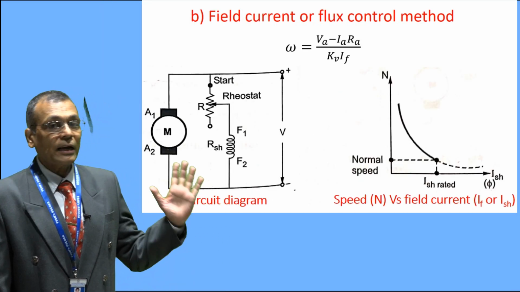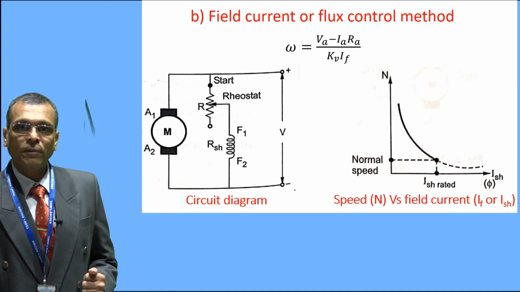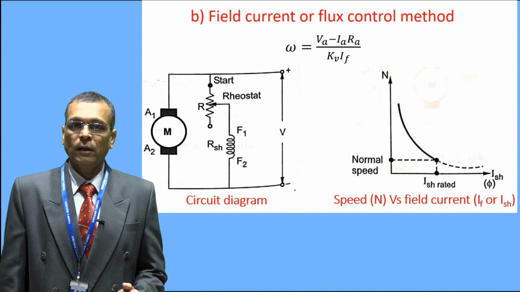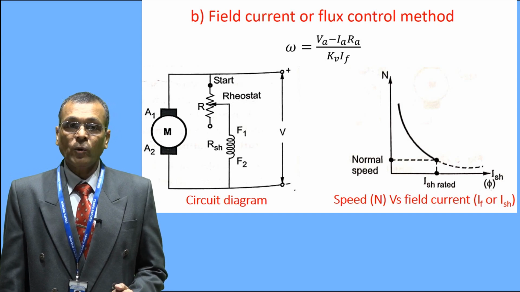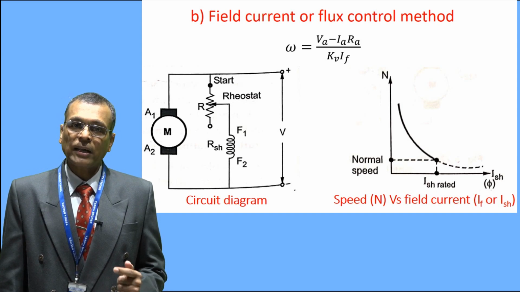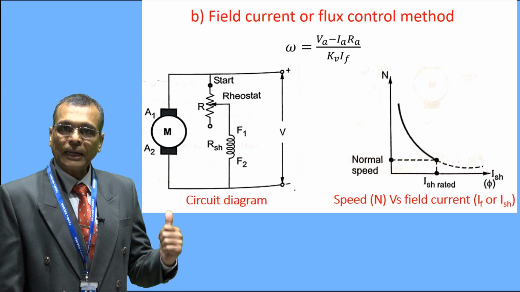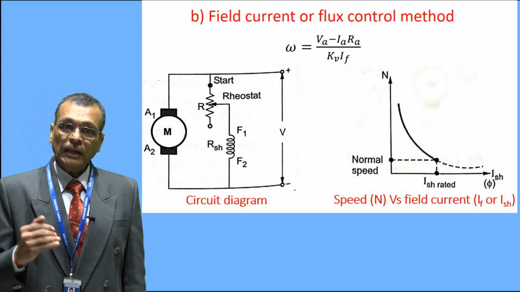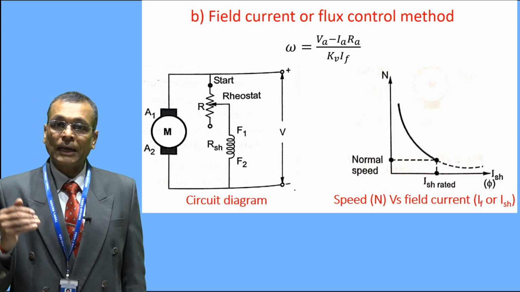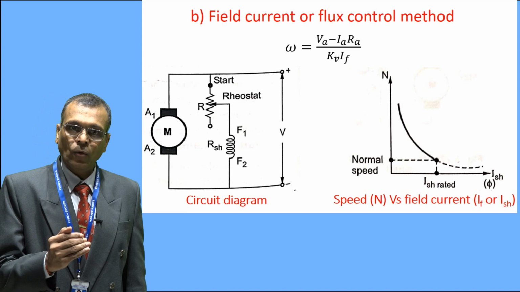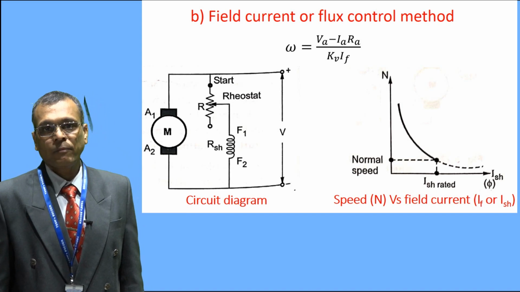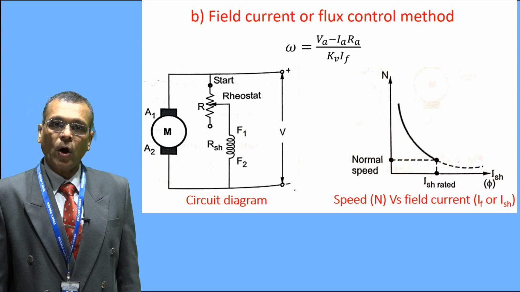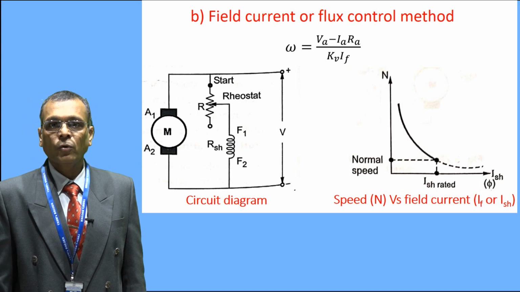Whereas, see the circuit diagram of speed control of DC motor using field current or flux control method, in which armature voltage is maintained at the rated value by directly connecting it to the supply, whereas the field current is varied from the rated value to the minimum value with the help of field rheostat. Thus, the speed of the motor will increase beyond the rated value of speed to a maximum one.